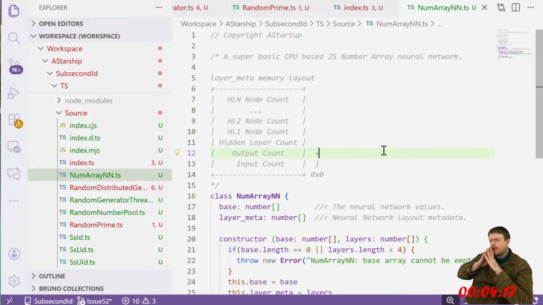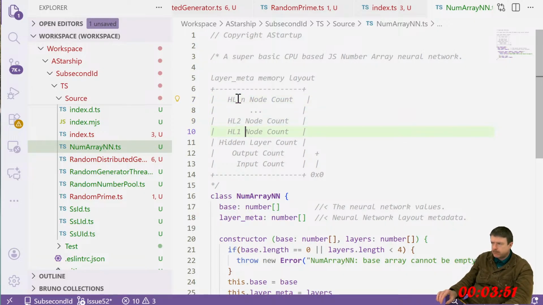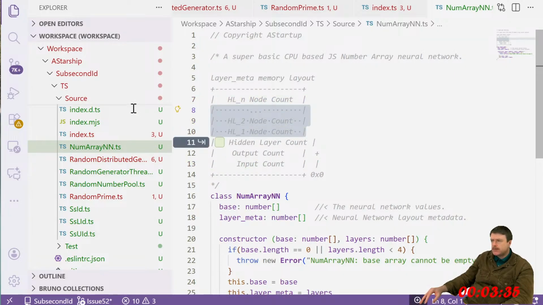I don't know if I want to do this. I could just make them all the same size.